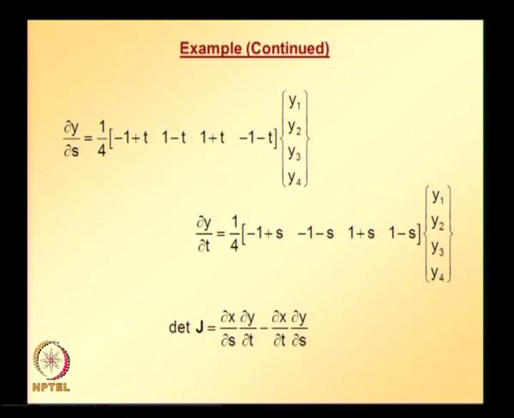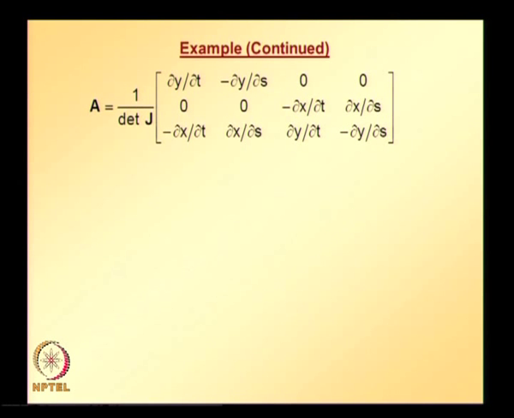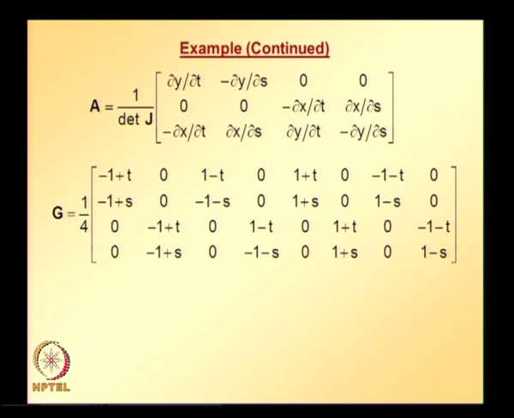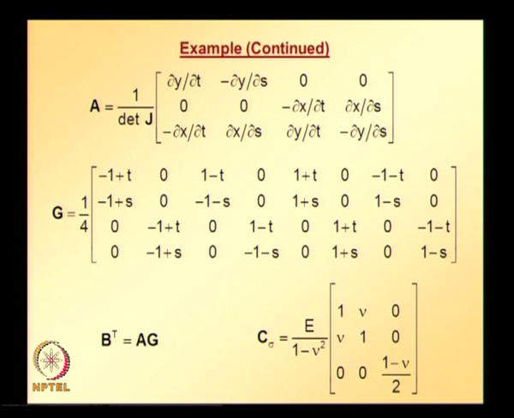And once we have the determinant of J, we can calculate the intermediate matrix A required for getting the strain displacement relation, and one more intermediate matrix is required. Once we have these two, we can get the strain displacement matrix and the constitutive matrix for plane stress.